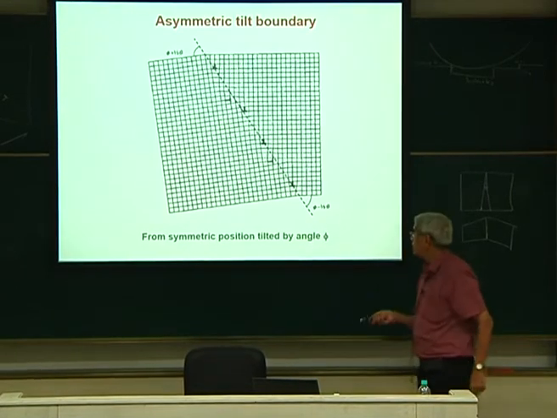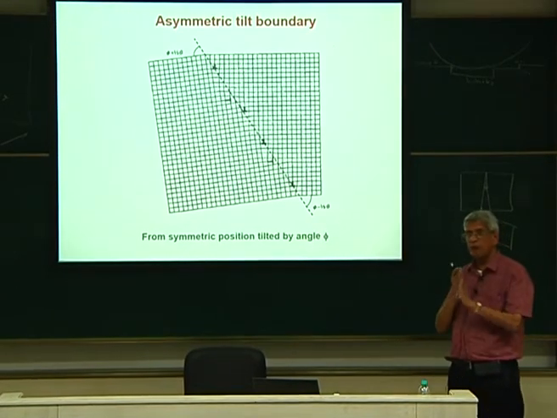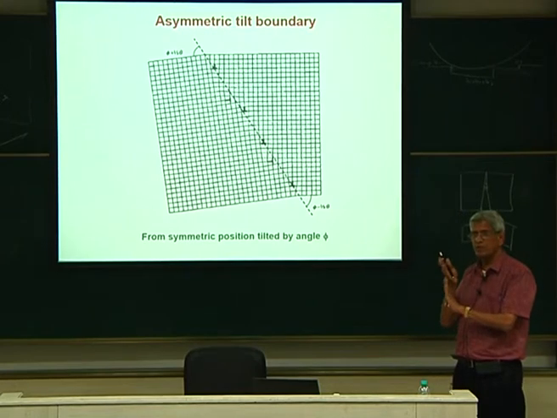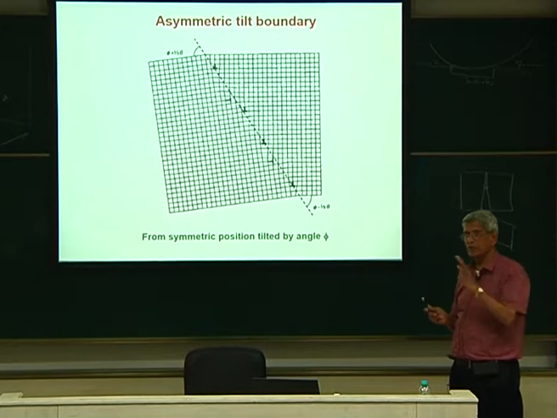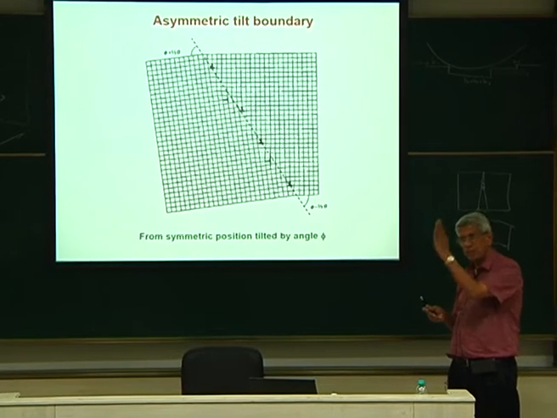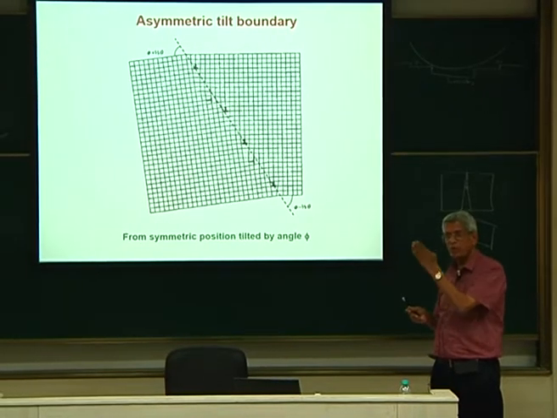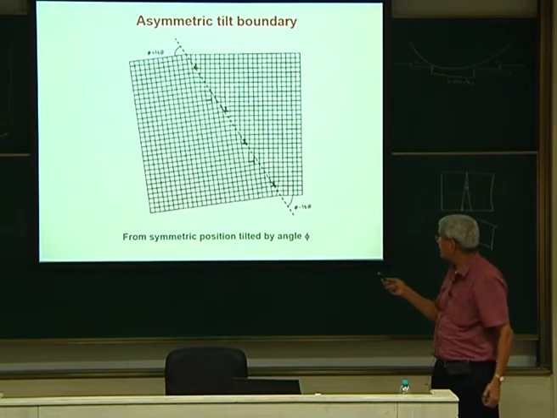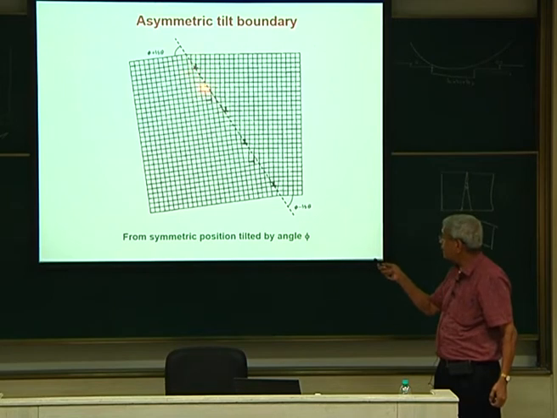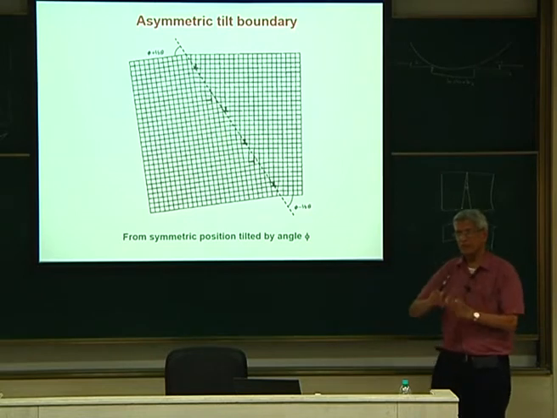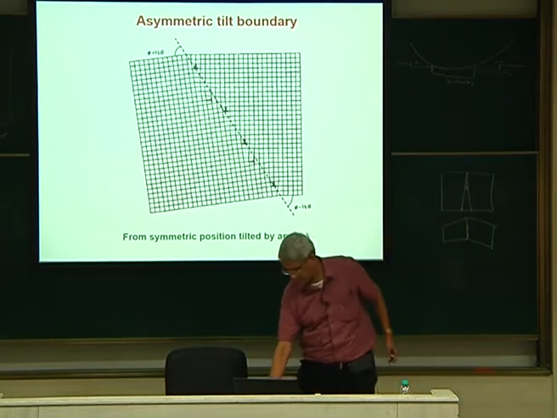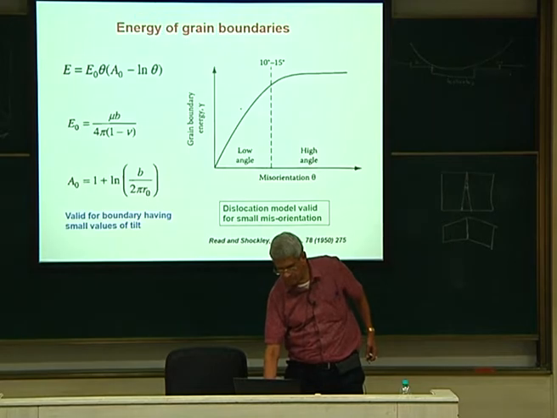Essentially, when we form a tilt boundary, we have only one type of dislocation arranged. But we should remember that this dislocation could be coming from a slip plane, while the boundary plane could be any plane. If another type of dislocation is also present, then the boundary could be an asymmetric tilt boundary.